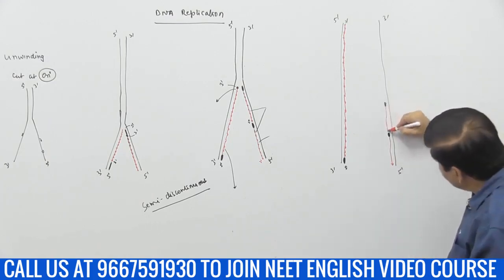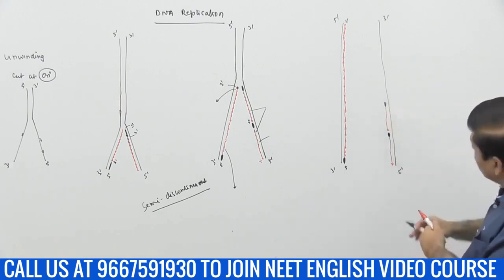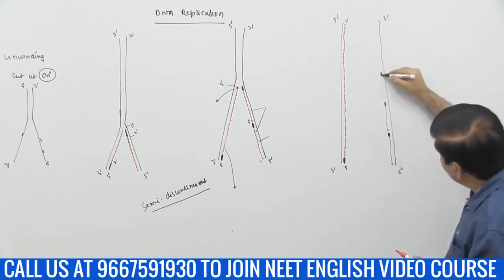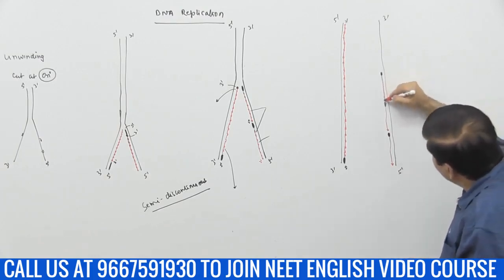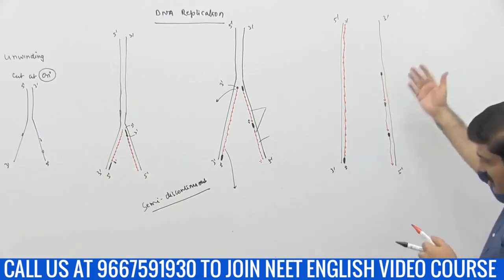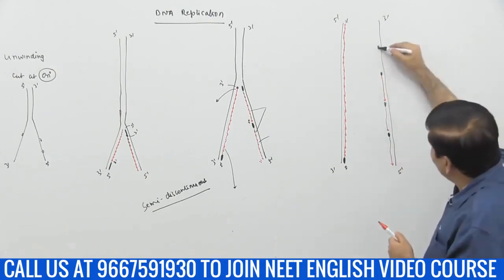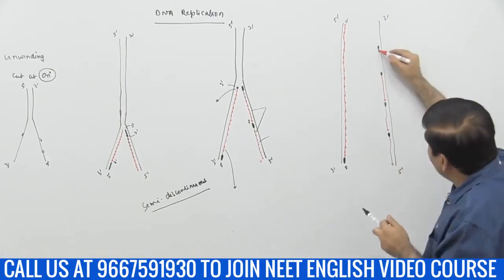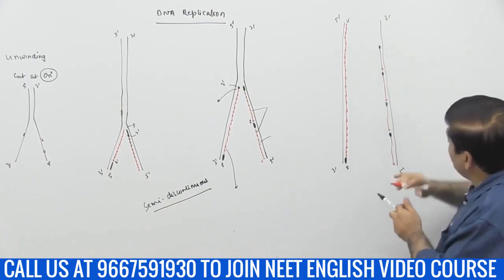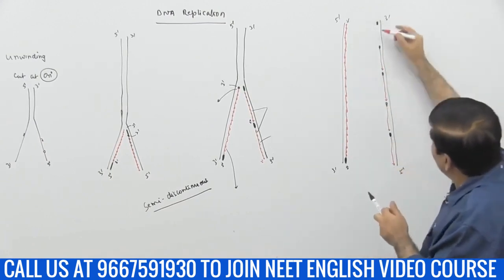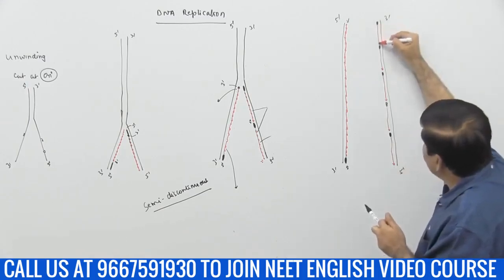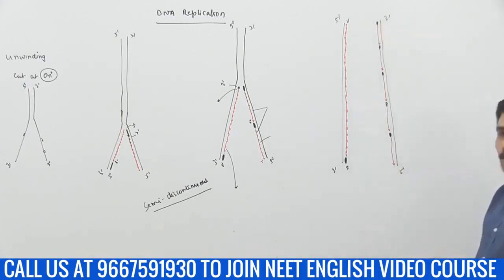And you can see this is the formation of Okazaki fragments, the discontinuous mode of replication of what is called the lagging strand away from the replication fork. And you can see I have made a primer for each Okazaki fragment. So I hope this thing is absolutely clear.